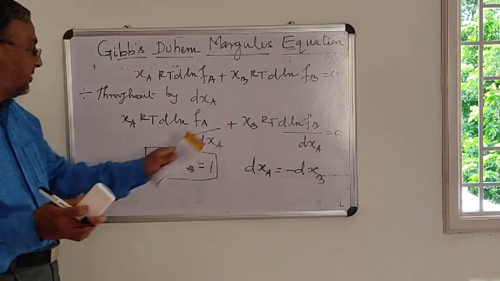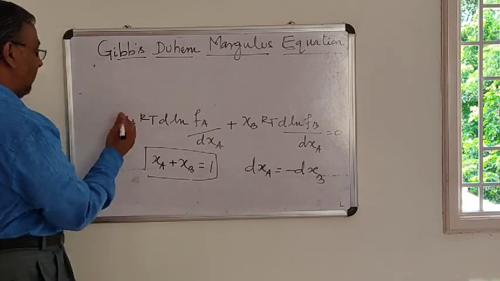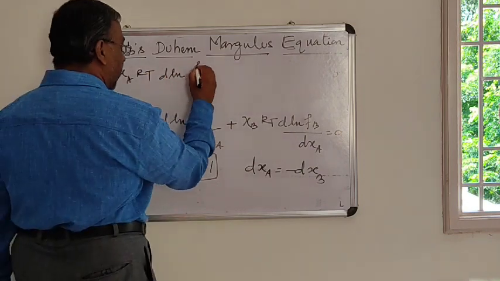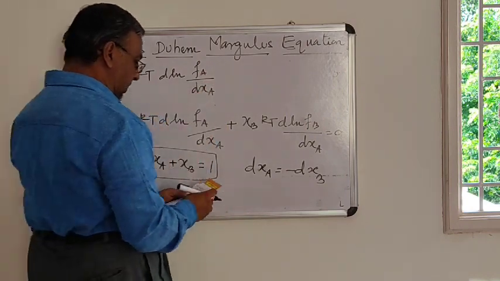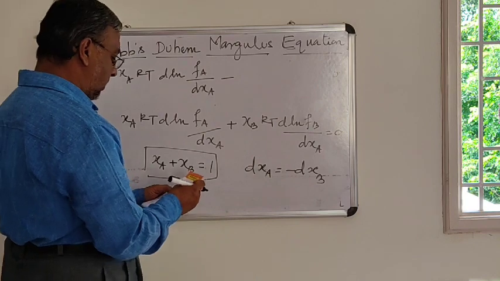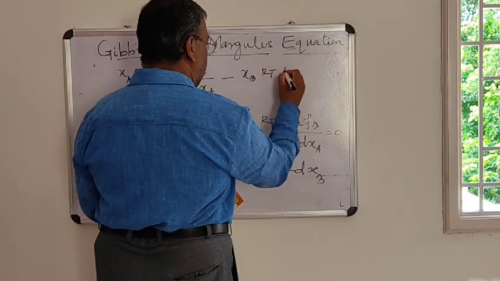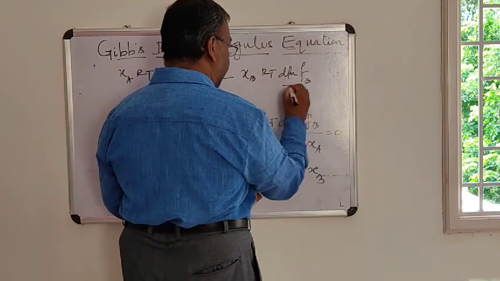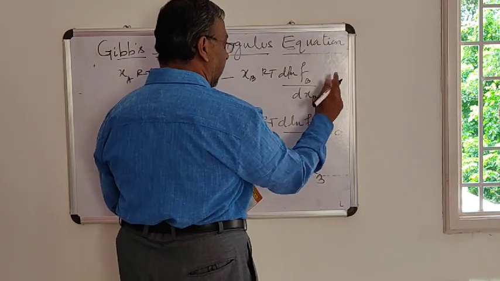Then I can write this equation as xa RT d log fa divided by dxa minus xb RT d log fb divided by dxb equal to 0.